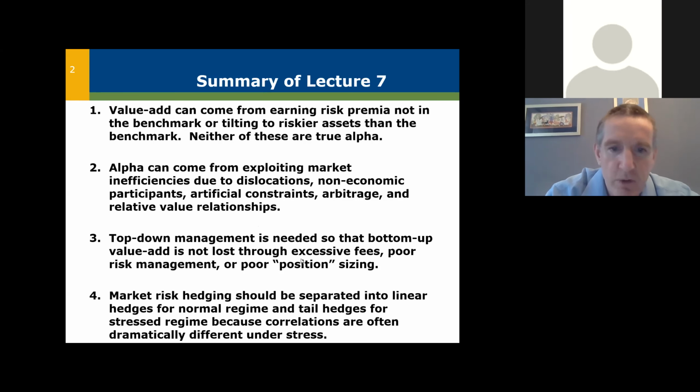And generally, risk-on and risk-off assets become highly negatively correlated to each other. And so we can take advantage of that correlation behavior in the tail to come up with tail hedges. So we spent some time talking about that, and we also talked about currency hedging and showed some examples.